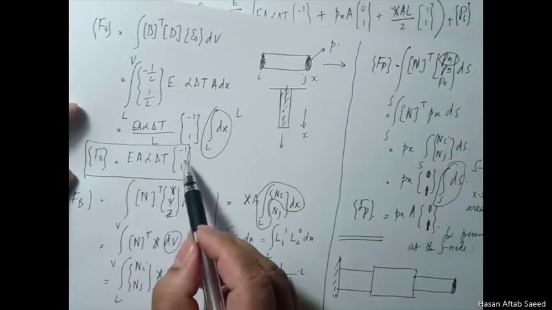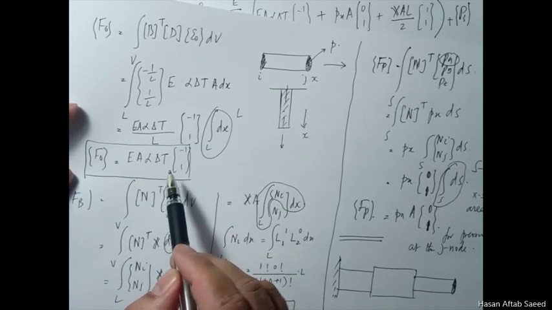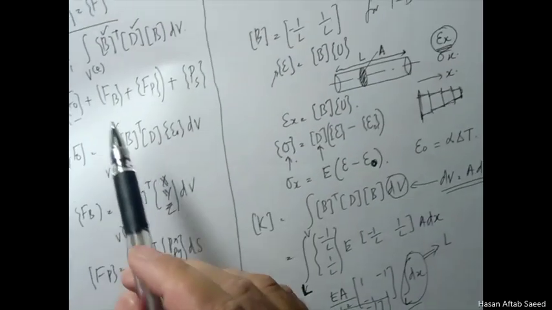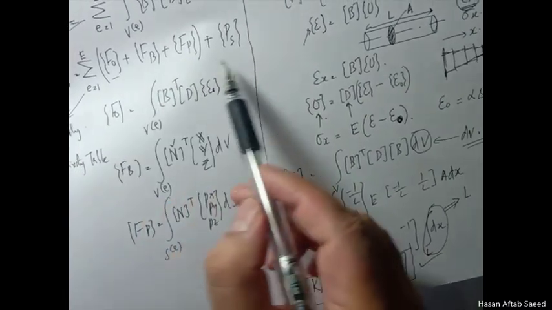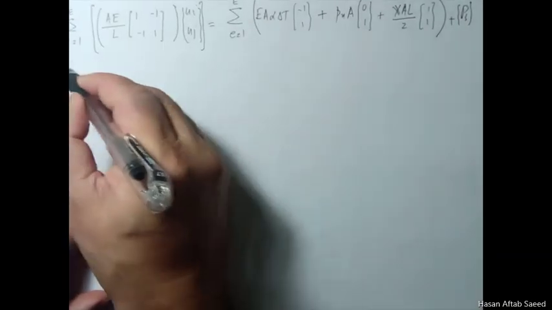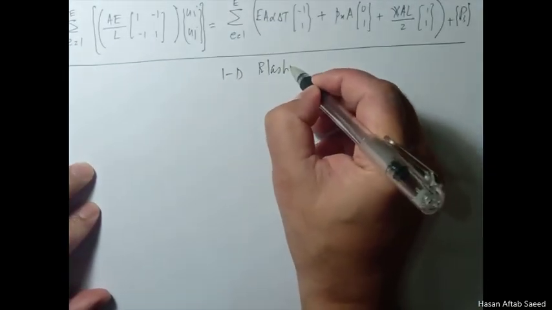Similarly, if you put in the different units here, you should get a Newton, because on the right hand side you should have all the quantities having the same dimensions, and that is Newton or kilonewton or whatever. So this is the expression for 1D elasticity.